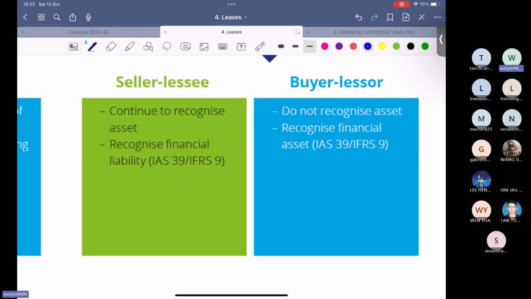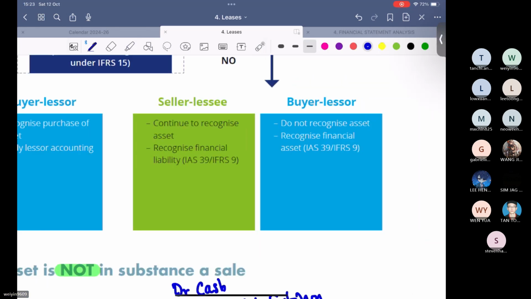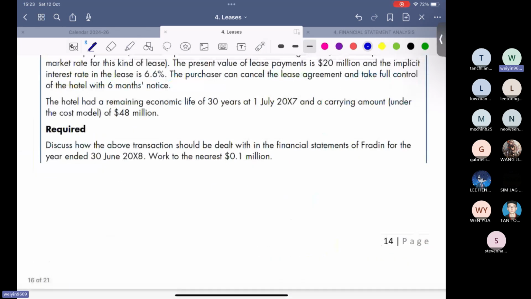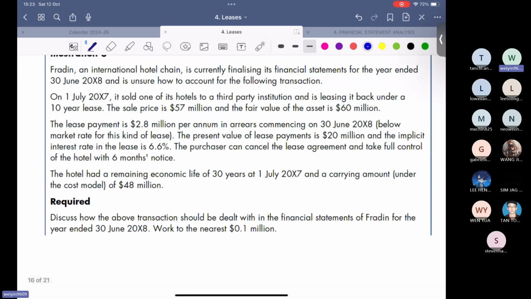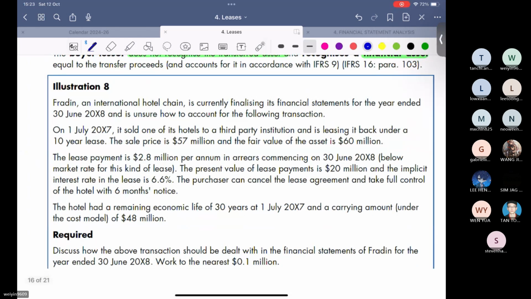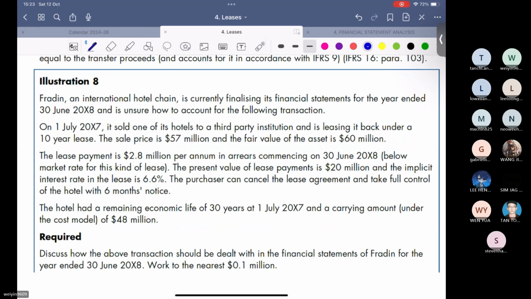A little bit complicated, and the reason I mentioned it's being tested is because you need to do some calculation for that. And calculation means you need to memorize some things. So let's look at this question. Jardine, an international hotel chain, is currently finalizing the financial statements for the year ended 30th June 2008 and is unsure how to account for the following transaction.